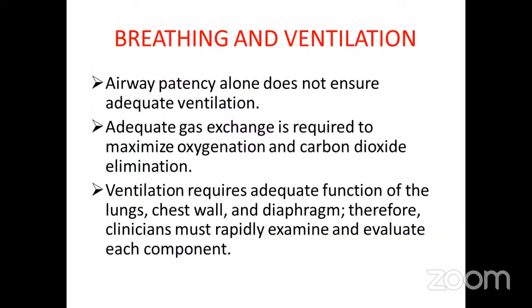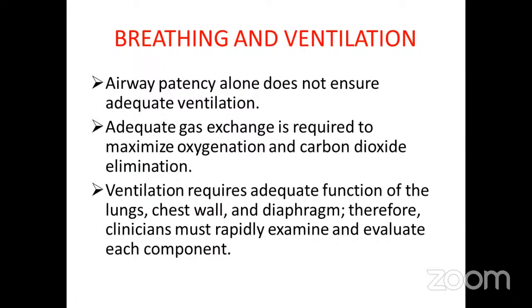And coming to breathing and ventilation, airway patency alone does not ensure that the patient is adequately ventilated. Adequate gas exchange requires maximum oxygenation of the tissues and carbon dioxide elimination. For proper ventilation, what we need is proper lung function, chest wall and diaphragm.